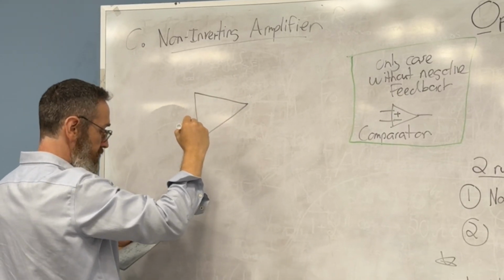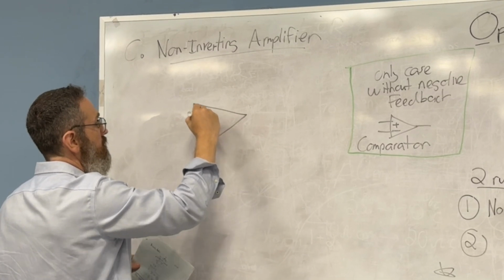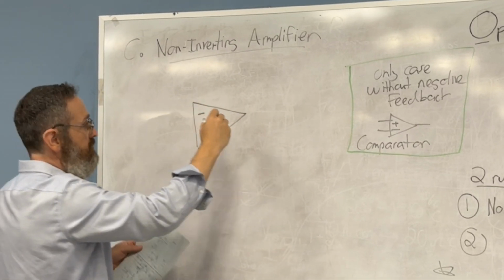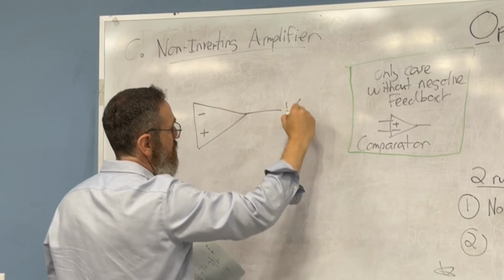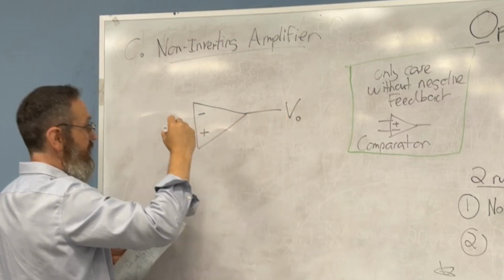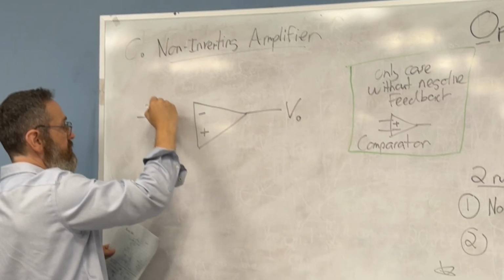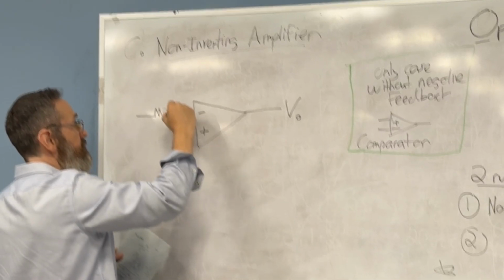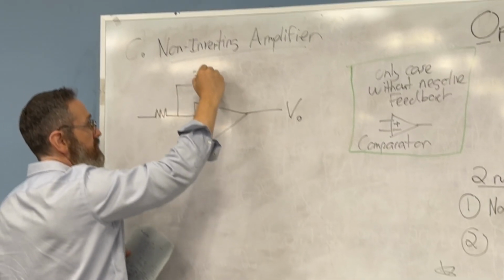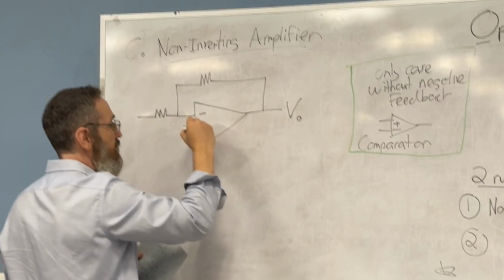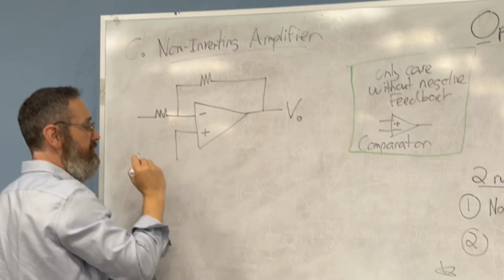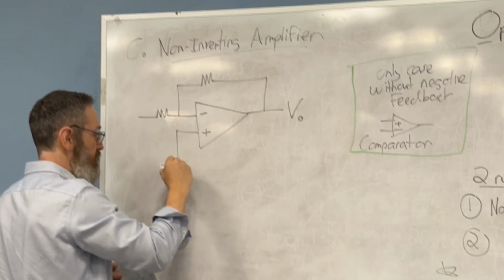We're going to put, again, the negative terminal going on top. And then we have an input here. Another resistor here. And here, I'll draw it like this. We have an input.